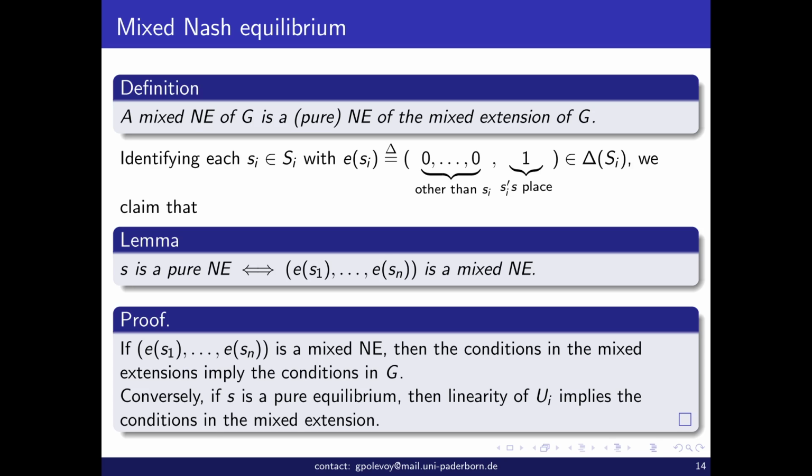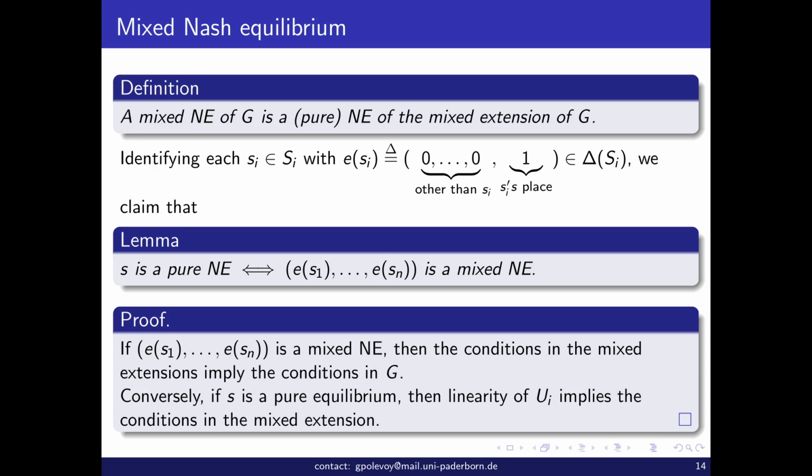And even being the optimal reaction from a larger set definitely implies that s_i is an optimal reaction from the original set of strategies. So the conditions on the mixed extension imply the conditions that it's a Nash equilibrium in the original game.